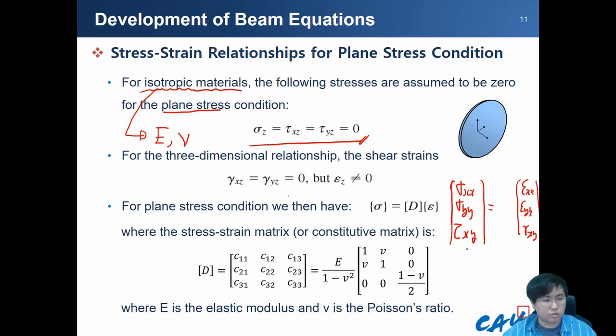So that is a 3 by 1 vector and a 3 by 1 vector. So in here, this part is the Young's modulus, but not correct, the elastic stiffness matrix. So this becomes a 3 by 3 matrix.